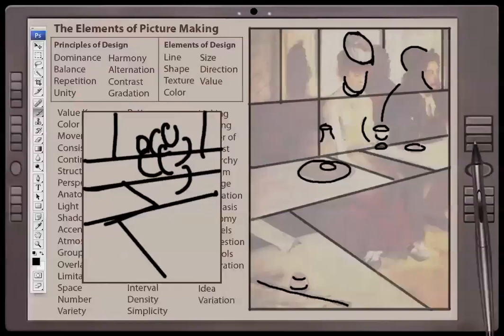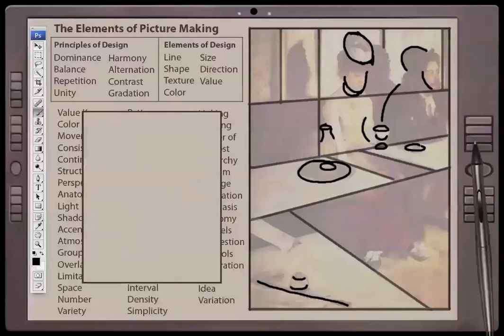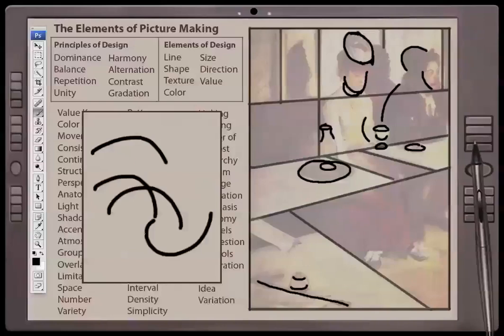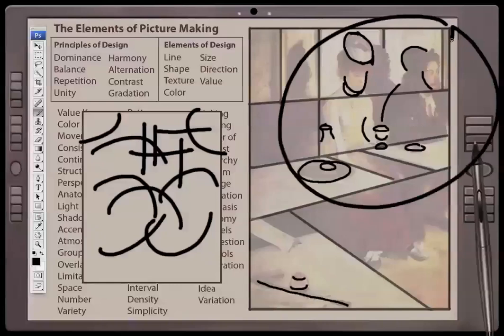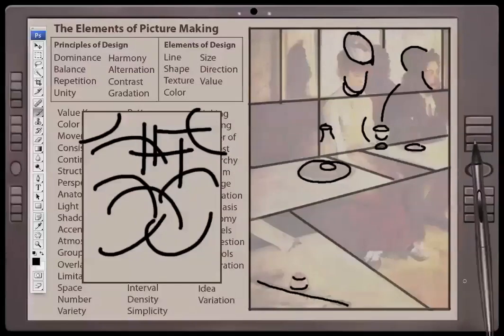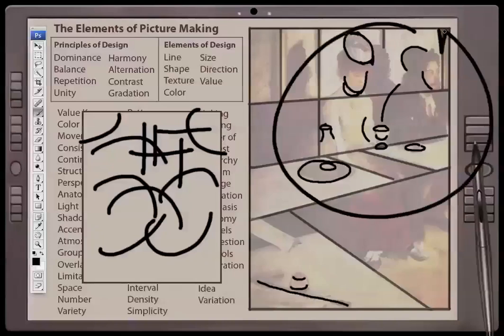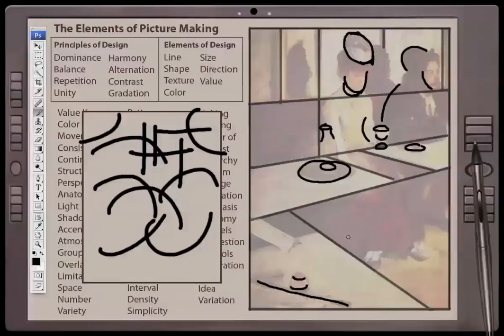Now the reverse could be done. For example, instead of curved lines being played against straight lines, you could have curves like this that are dominant, and then you introduce straight lines like that, which are smaller in size, just as here in Degas' painting these curves are smaller in size than the straight lines, and there are fewer of them than the straight lines and angular shapes.